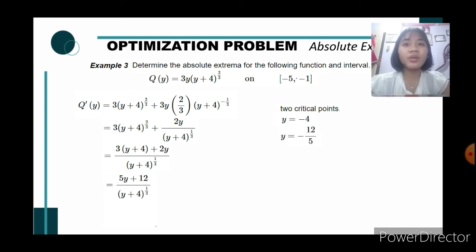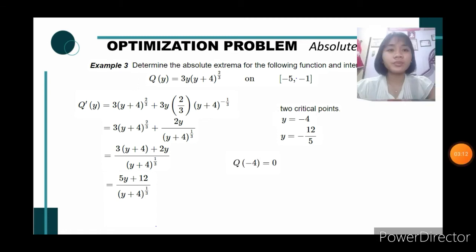And next, y is equal to negative 12 over 5 because the derivative is 0 here. So both of these are in the interval. So let's evaluate the function at these points and at the endpoints of the interval.